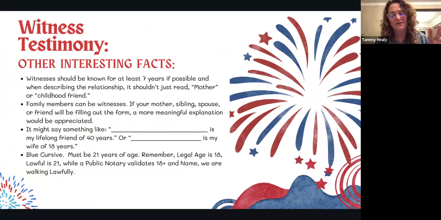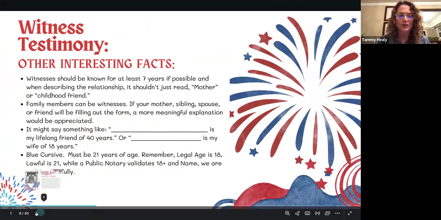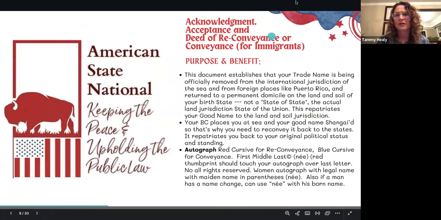That's actually part of our first step, but the declaration, the 1779 declaration, and the two witness testimonies are the 3 papers, the documents that actually get you back to the land and soil. Everything moving forward is highly recommended that people do because this is where the paperwork is going to work in your favor when it comes to the de facto. All right. So moving on here.